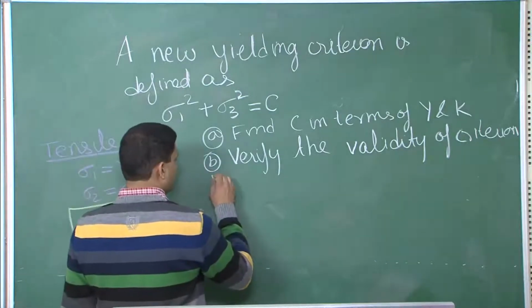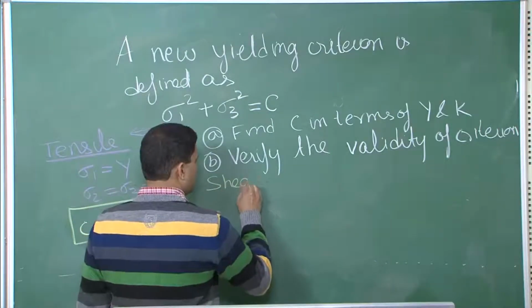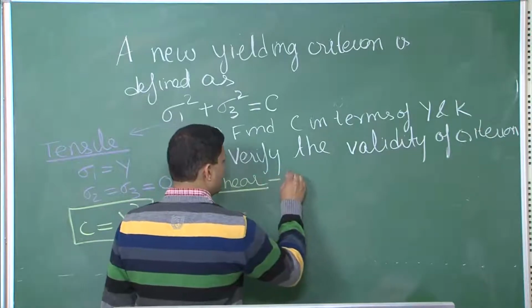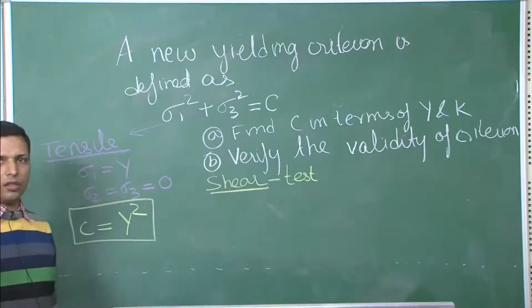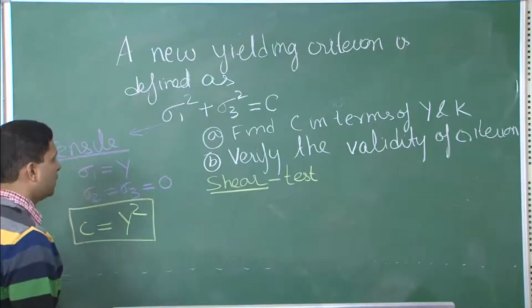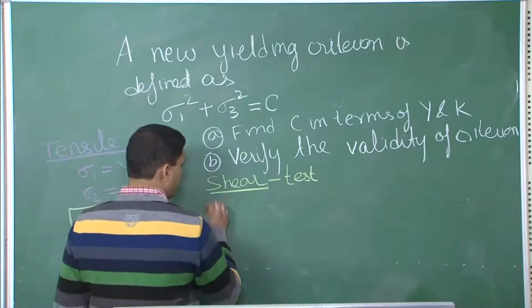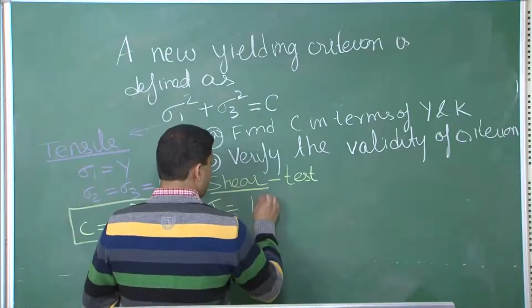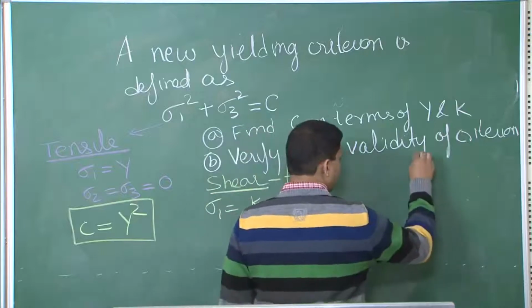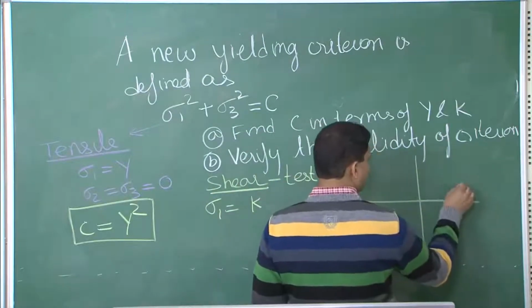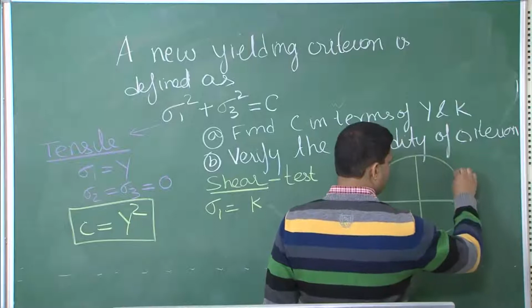Now, let us assume that you are doing the shear test, and again you know the shear strength of the material, which is K. Now, here sigma 1 is equal to K, remember the Mohr circle we drew. Let me draw it again for the sake of understanding.